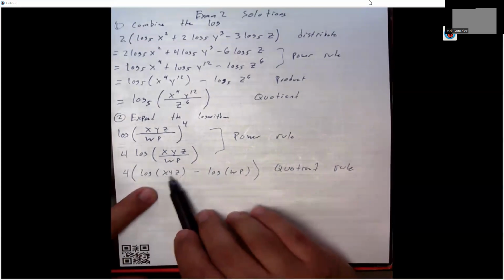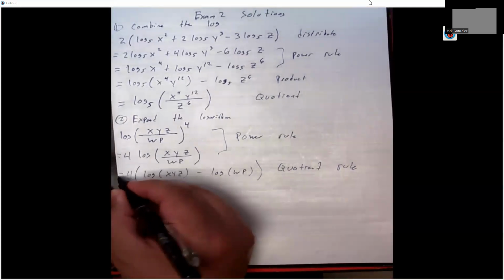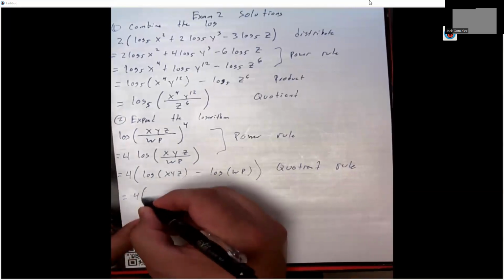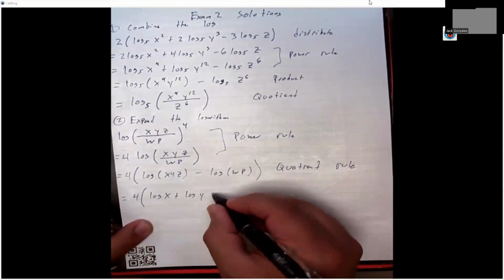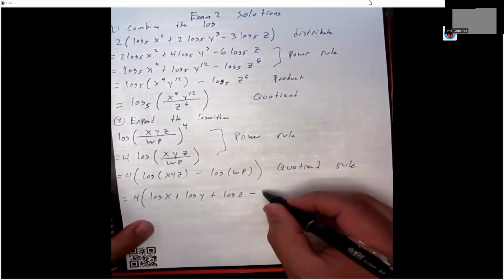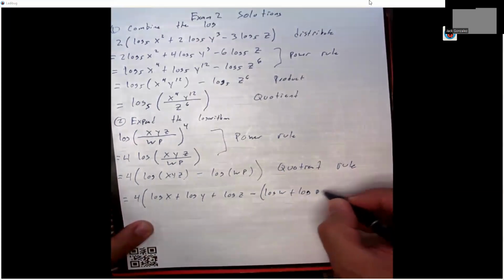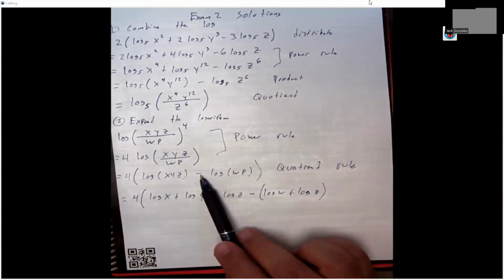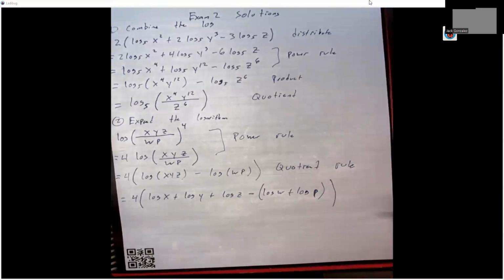And in here you have a bunch of products, X, Y, Z, and W P. So use the product rule: log X plus log Y plus log Z minus log W plus log P. So that minus is on the entire thing, so whatever comes out will have a minus. And at that point, we're done.